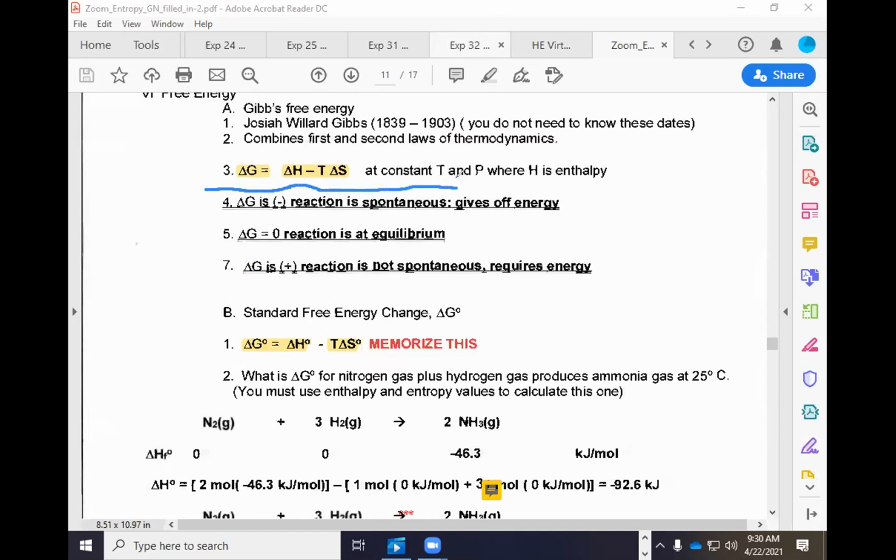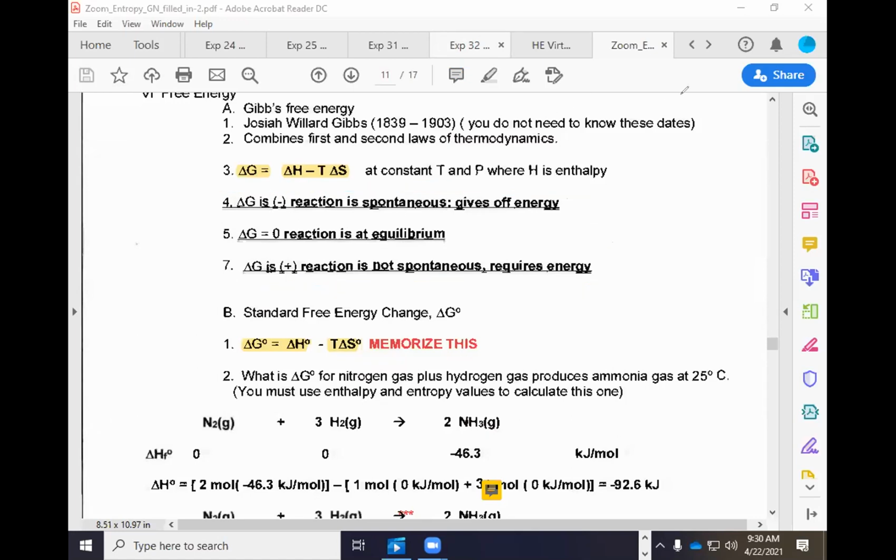We've got 3 possible scenarios. If the delta G is negative, the reaction is spontaneous, sorry, it gives off energy. This is how the chemists think about it. They think in terms of the reactants. The reactants are giving off energy. If delta G is 0, the reaction's at equilibrium. If delta G is positive, the reaction is not spontaneous, it requires energy.